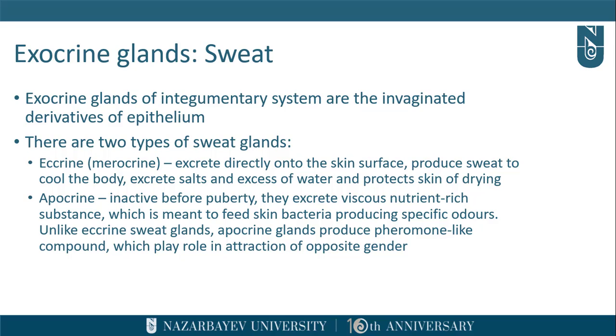Whereas apocrine is mostly found in parts of the body where there is some hair, and we can find apocrine sweat glands in the genital part and also under the armpits. Why it's a bit specific is that it has some odor. The odor is due to the constituents of the sweat that contains large proteins or organic substances that the bacteria can grow on, and that's why we have this smell.